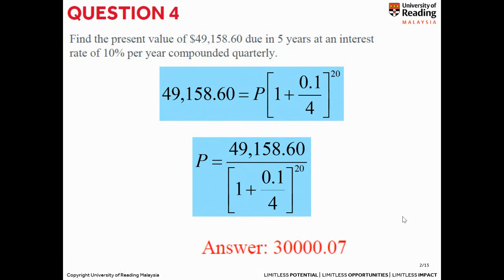So you need to put in 30,007 so that in 5 years' time you have a total saving of $49,158.60. If you don't get the answer, redo the question and key in the numbers into the calculator carefully. You may pause before you look at the next question.